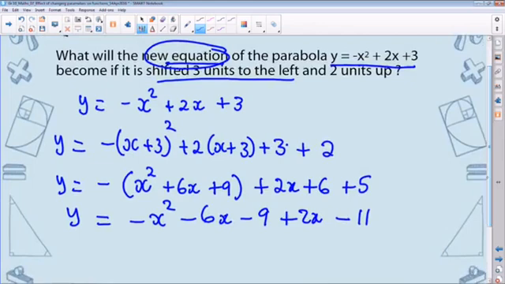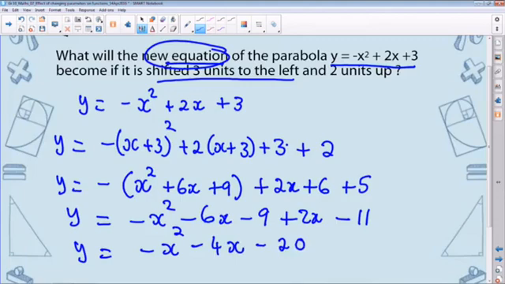This is 2x plus 6 plus 3 plus 2. Yeah, it should be looking good. So you've got y is minus x squared minus 6x. There's 2, your like terms, guys. This will be your minus 4x and minus, it looks like it's going to be minus 20.